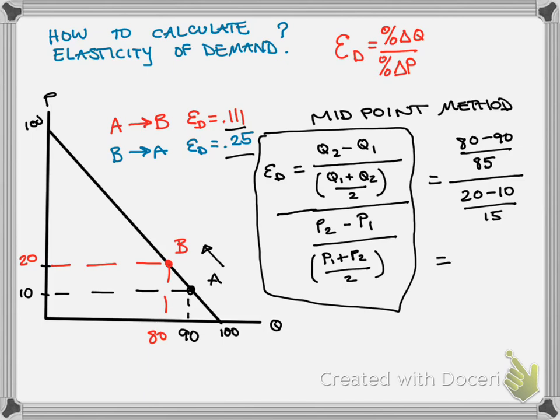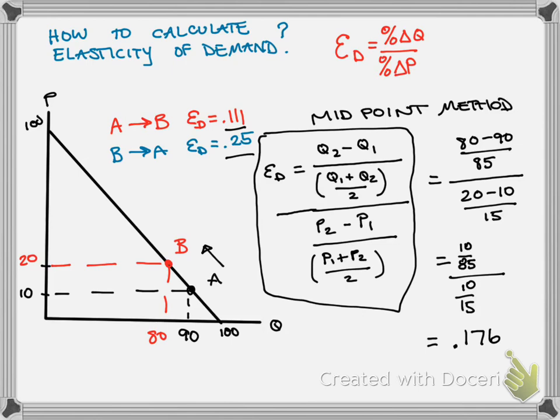And so when we do that, we get 10 divided by 85 divided by 10 divided by 15. So here we get the elasticity of demand to be 0.176.